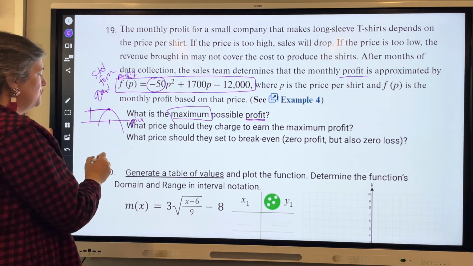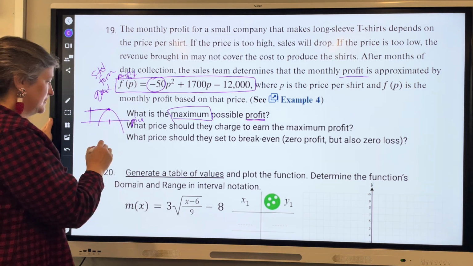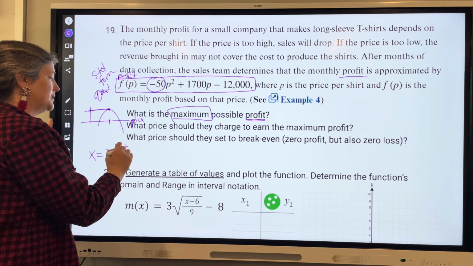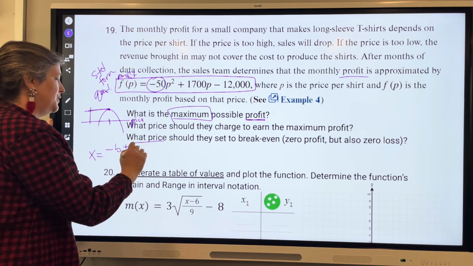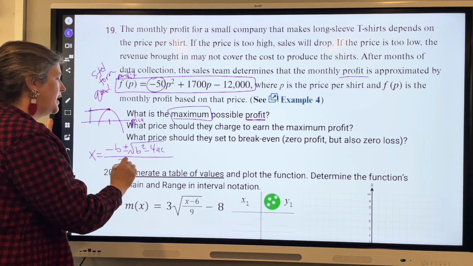Now in vertex form, the quadratic formula holds a lot of good things. x equals -b plus or minus the square root of b squared minus 4ac, all over 2a.